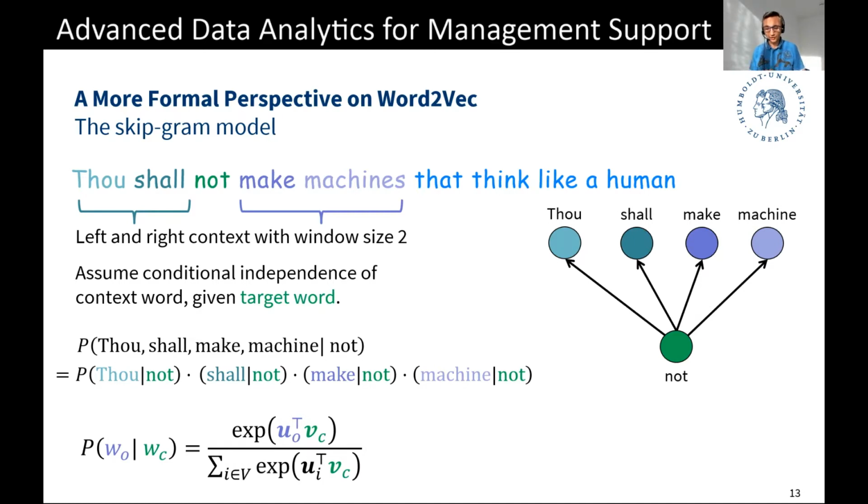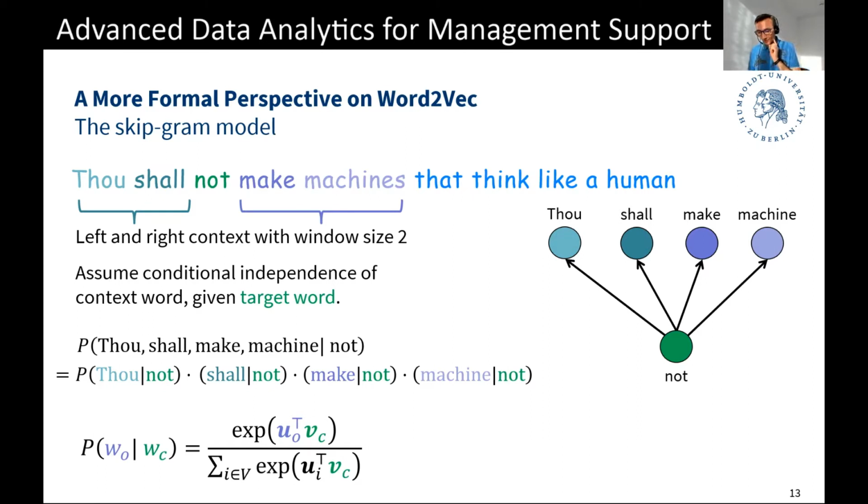I made sure that the indices indicate the roles, and I also use some color coding here so that we are always aware of the fact that the word WC, which is embedded by the vector VC, is our central target word in skip-gram, which triggers the occurrence of some context word.